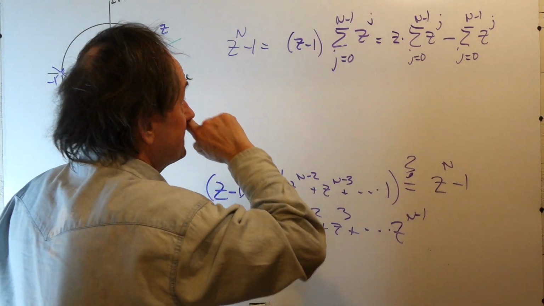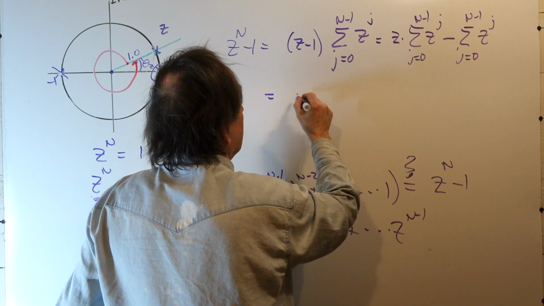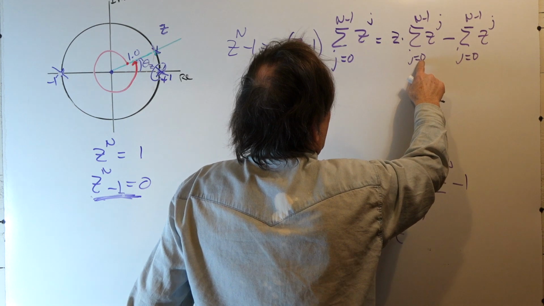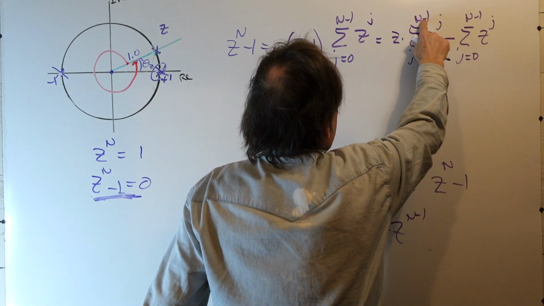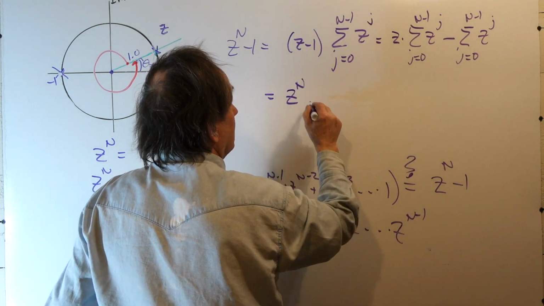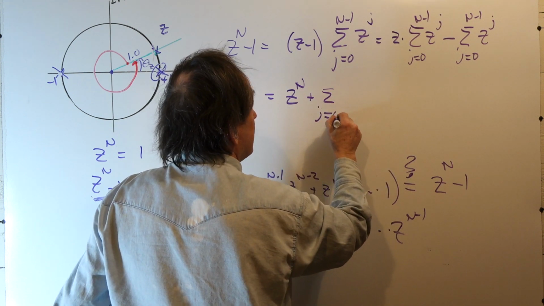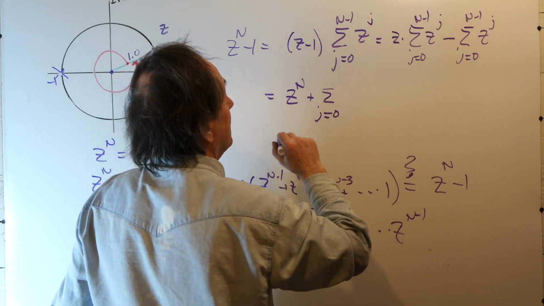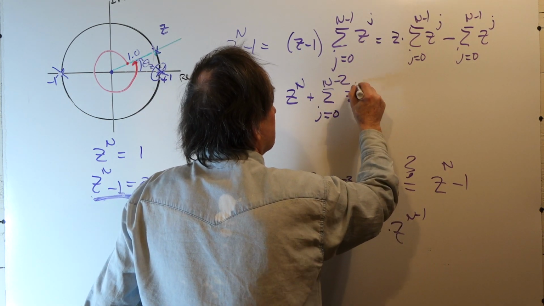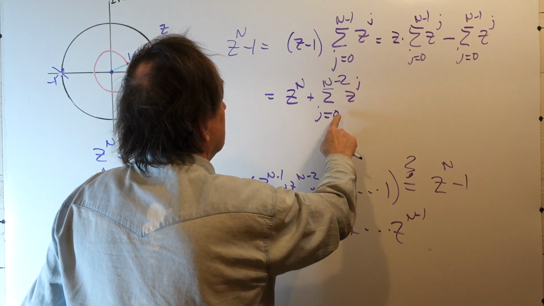Now I'm going to work on this, and notice that at the last term we have z to the n minus 1 in the summation times z, so that is z to the n, and I'm going to add to that what's left on the sum, which is j equals 0 to n minus 2 of z to the j. Let's convince ourselves that this is indeed true.